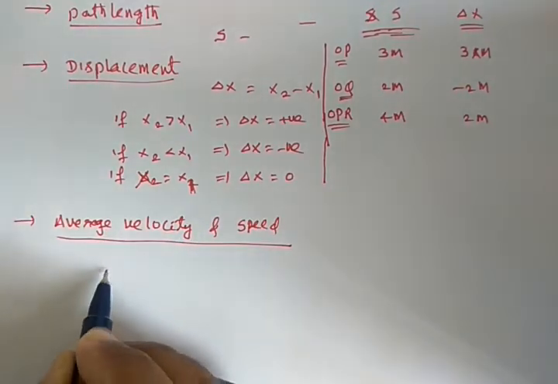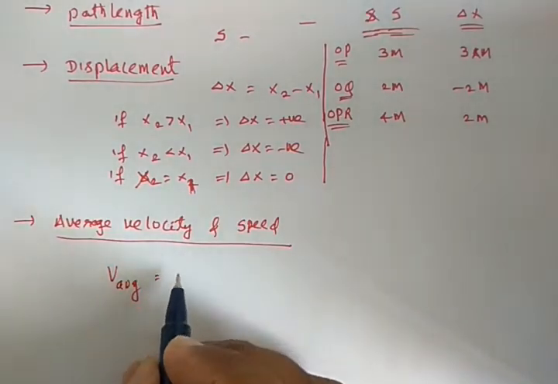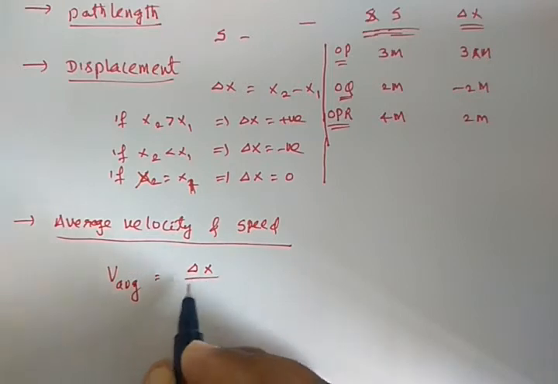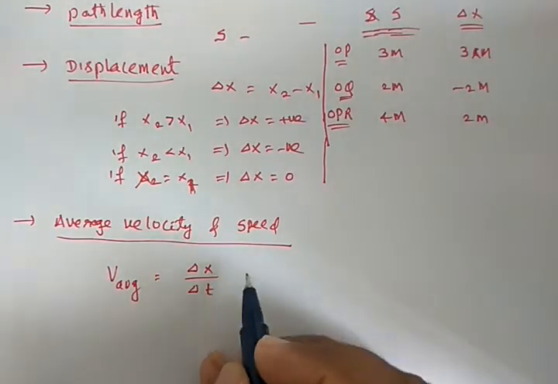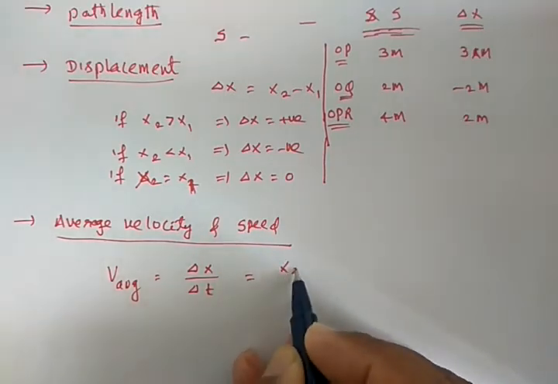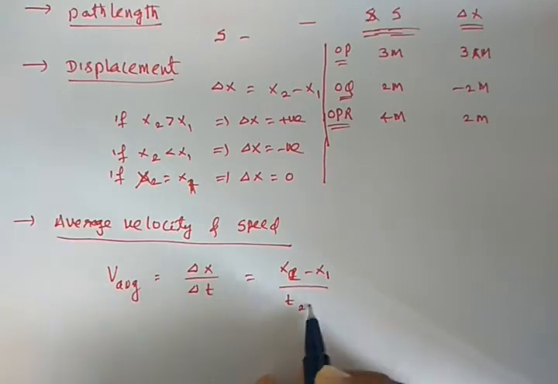So mathematically, V average equals the change in position, that is delta x, by the time interval, and that equals xf or x2 minus x1 by t2 minus t1.